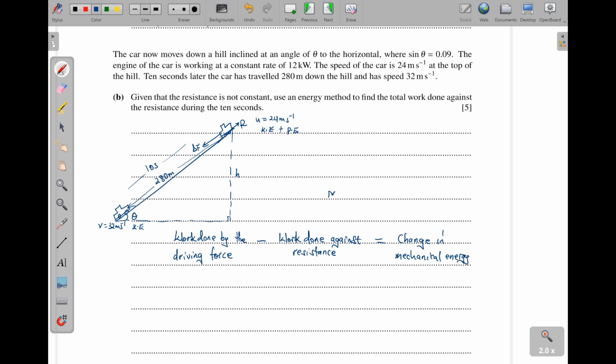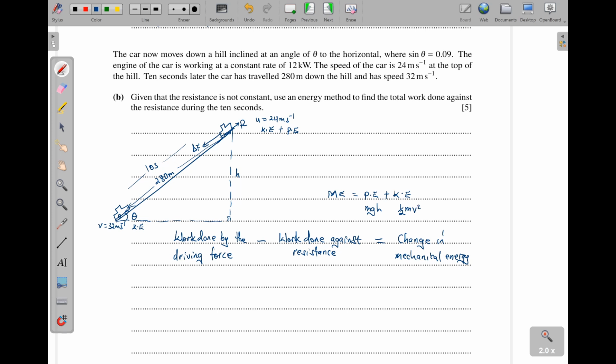Mechanical energy is the sum of potential energy and kinetic energy. Potential energy is mgh. Kinetic energy is a half mv squared.